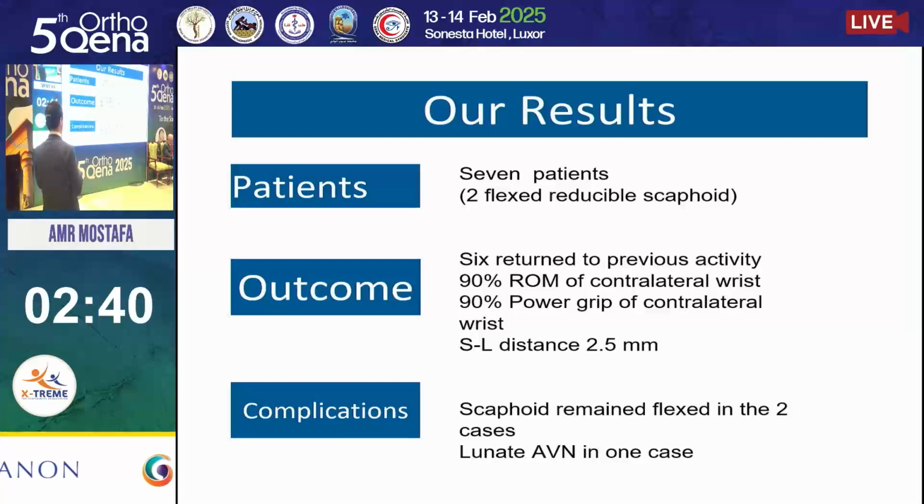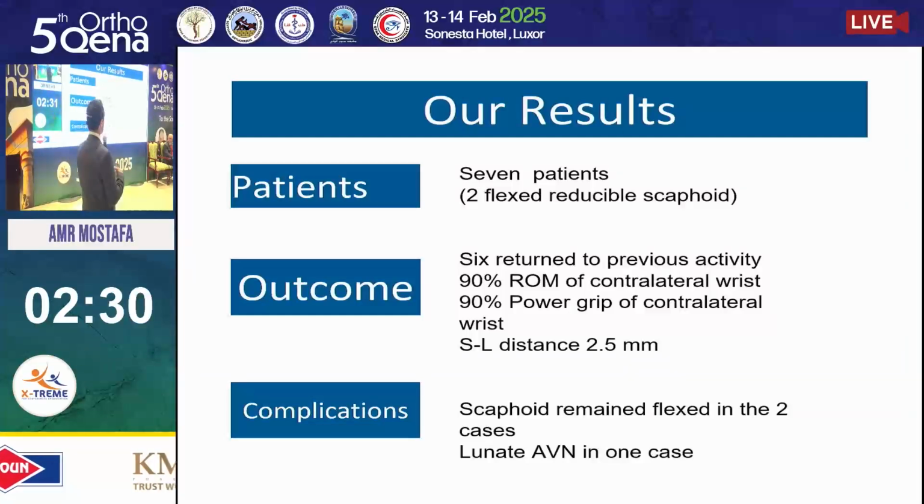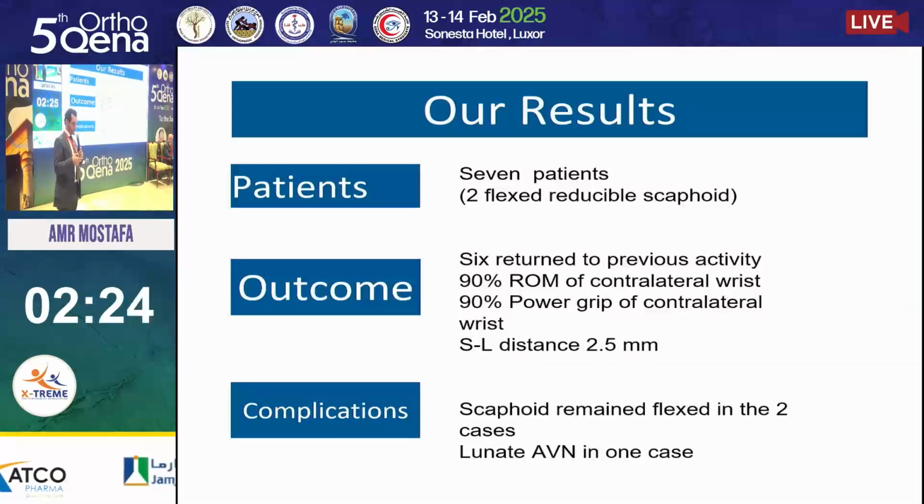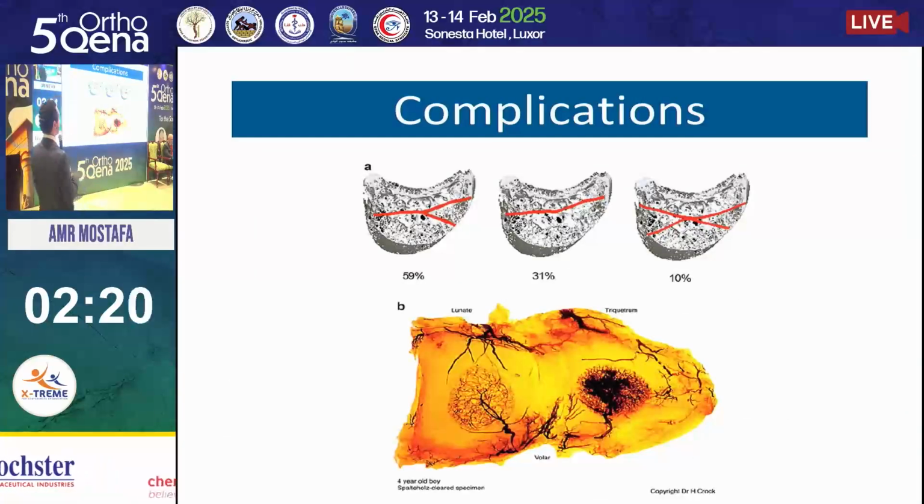First of all, the scaphoid that we had corrected, which was flexed, returned back to flexion. And I don't know why. This is one of the questions. Second, we had a case of avascular necrosis of the lunate, which I think is related to the blood supply of the lunate.